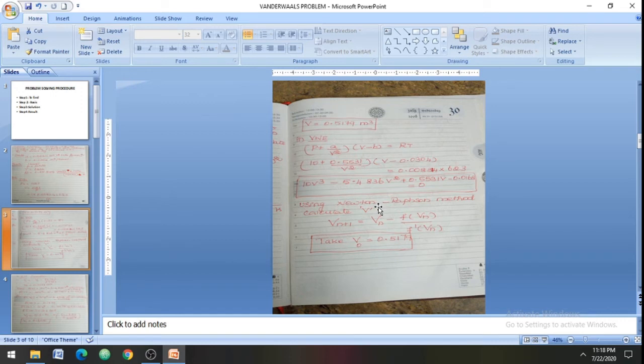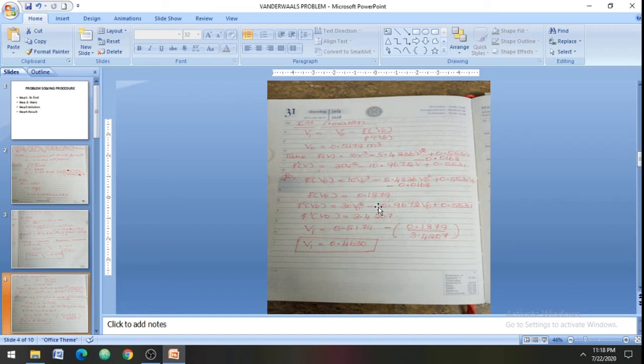In this case, we already have a value from the ideal gas law. This is the initial value. V naught is equal to 0.5179 meter cube. Now we go to the first iteration. So V1 is equal to V naught minus f of V naught divided by f dash of V naught. Why? Because this is the first iteration, so the n value is equal to 0.